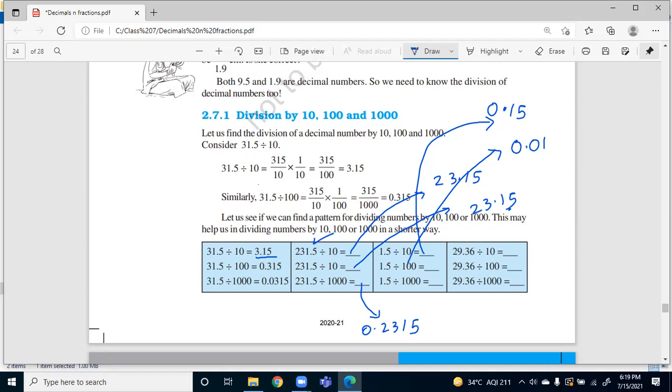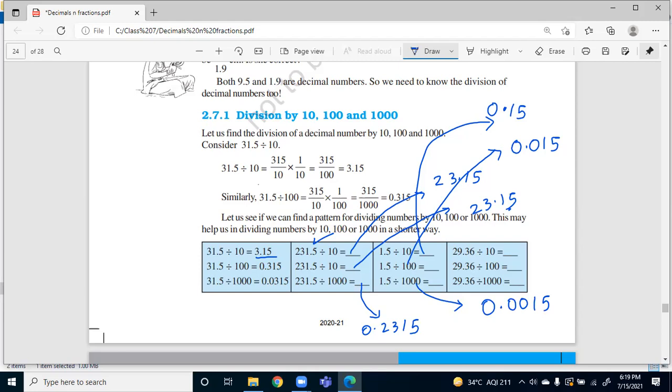Very good, it is correct. Garima, what do you say for the third one? 0.0015. It is correct. So now do the third one, everyone.